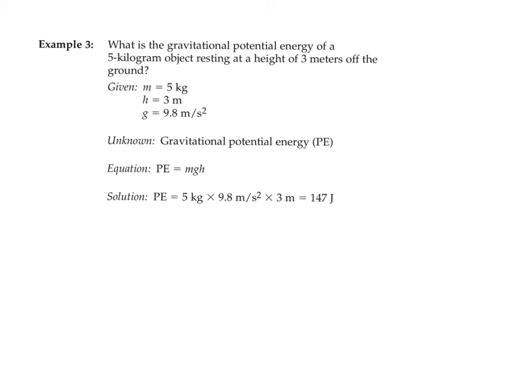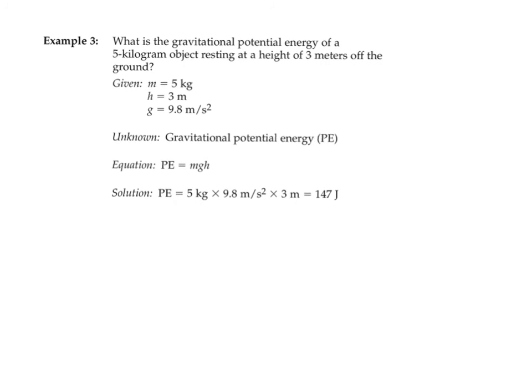So here's another example. What is the gravitational potential energy of a 5-kilogram object resting at a height of 3 meters off the ground? So here is our given information. We don't know the potential energy.